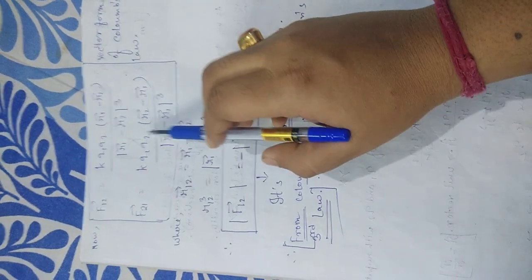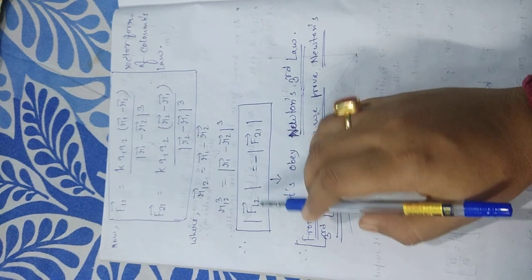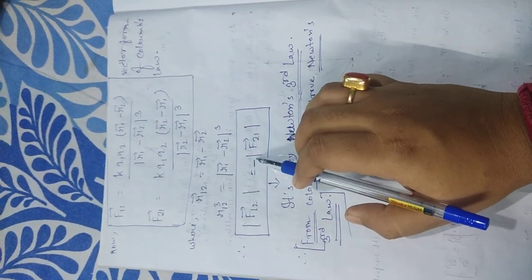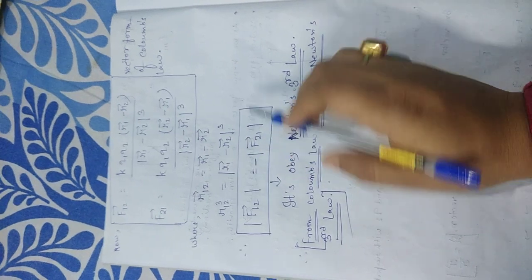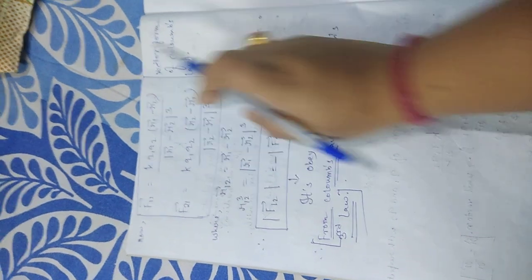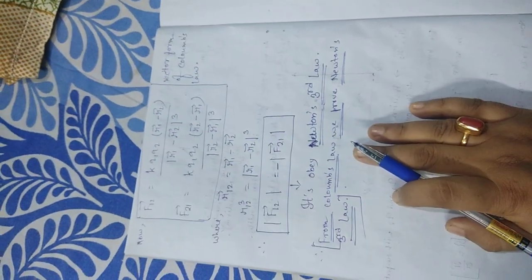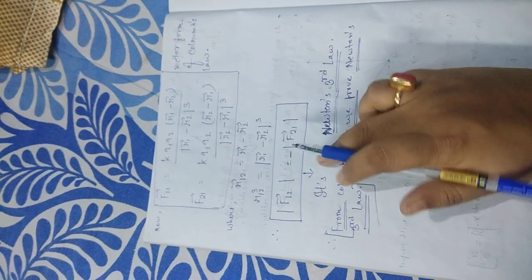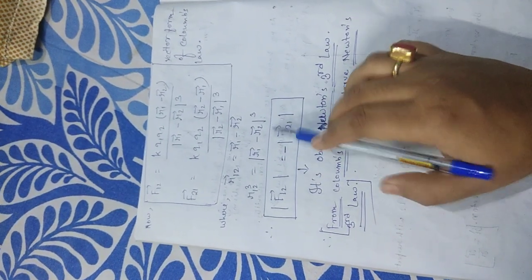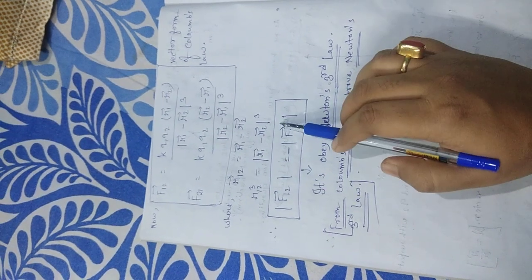Simply, in vector notation, we can write that mod of F12 equals minus mod of F21. If we take the mod, then these two expressions are equal to each other with a negative sign. So F equals minus F.